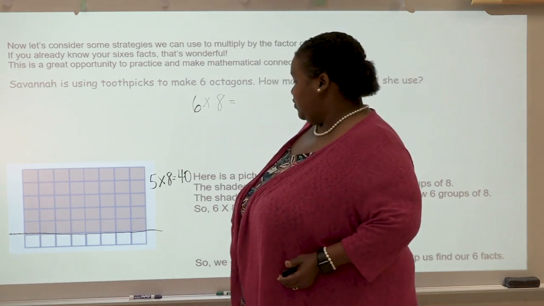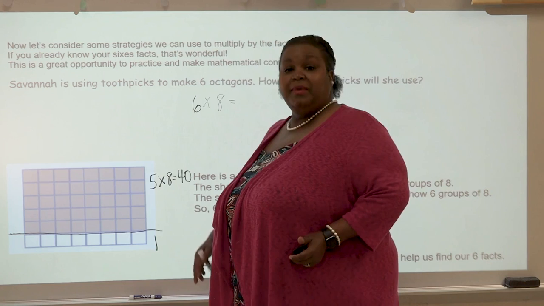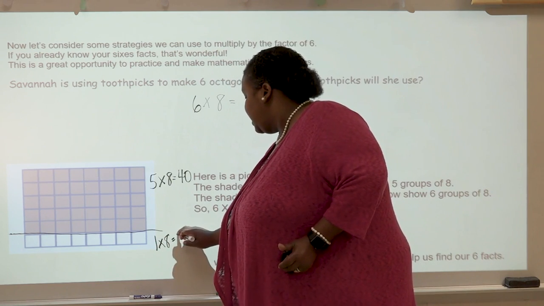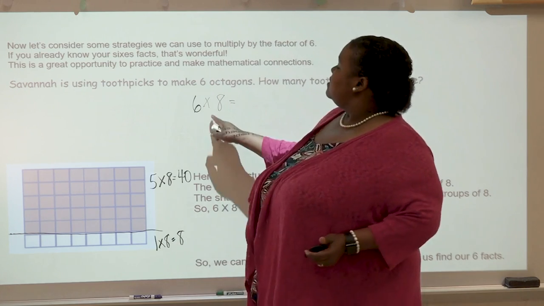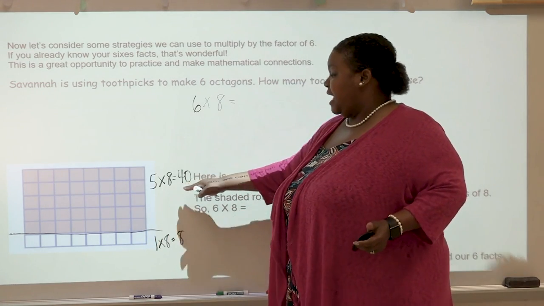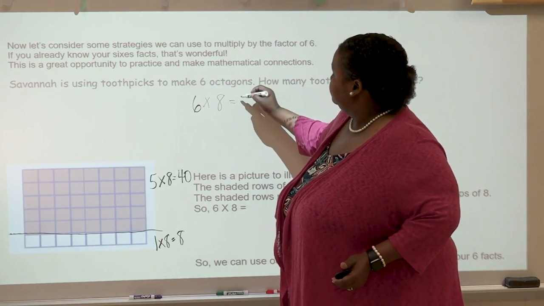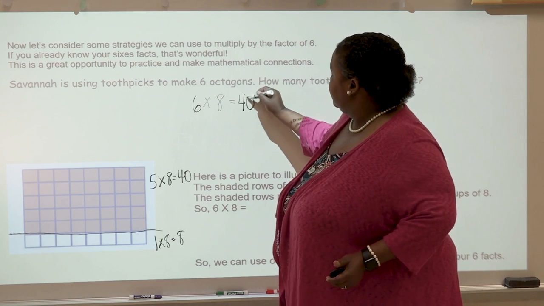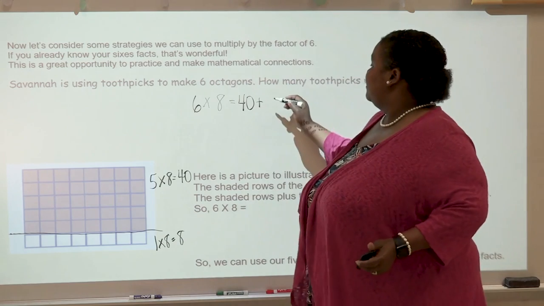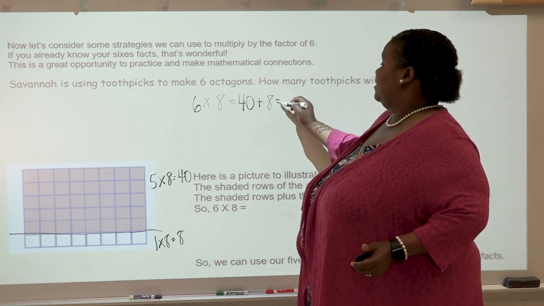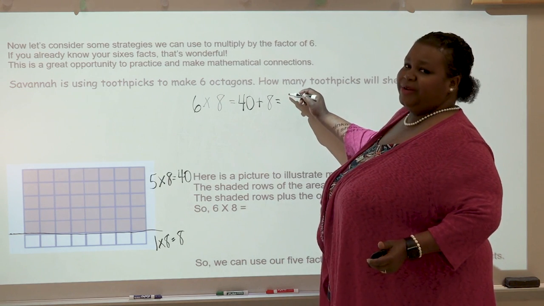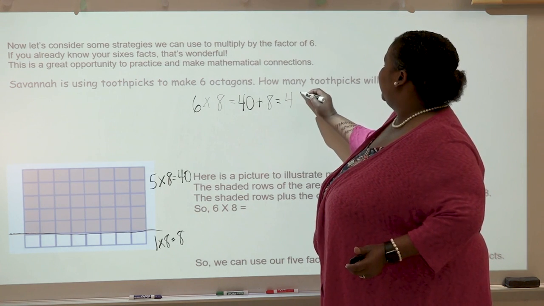Again, how many rows do I have? 1. How many's in that row? Times 8 equals 8. So for me to find 6 times 8, I can put my 5 times 8, which equals 40, plus my 1 times 8 that equals 8 together to get the product. 40 plus 8 equals, I'll pause for you, yes, 48.